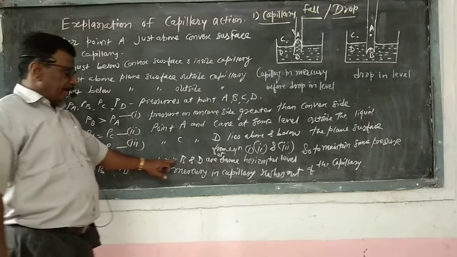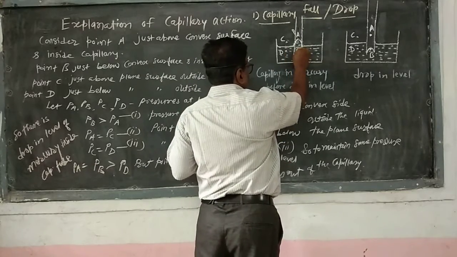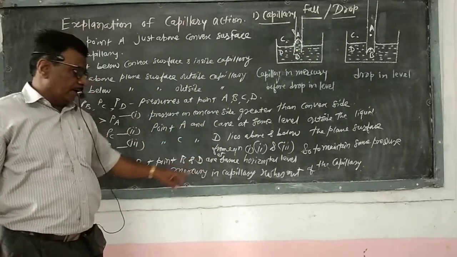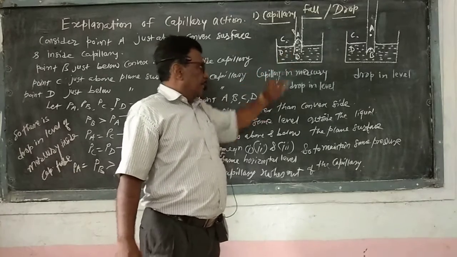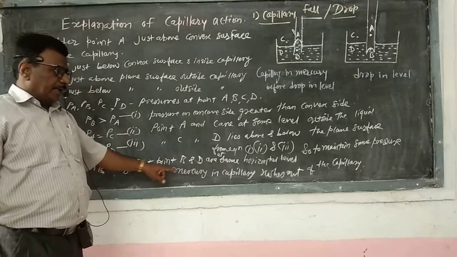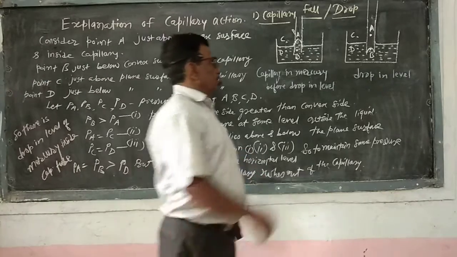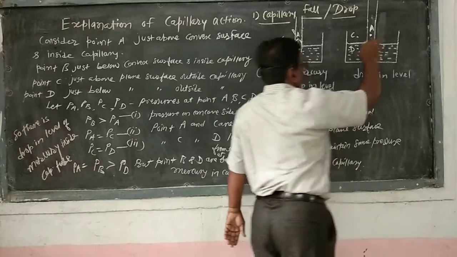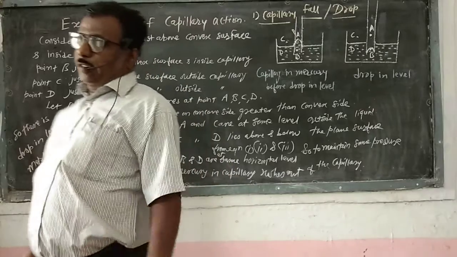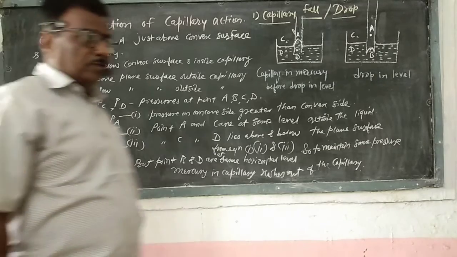But points B and D are at the same horizontal level, so to maintain the same pressure, the mercury in the capillary rushes out of the capillary. So to maintain the same pressure here, the mercury level falls or drops in the capillary. So there is a drop in the level of mercury inside the capillary tube.